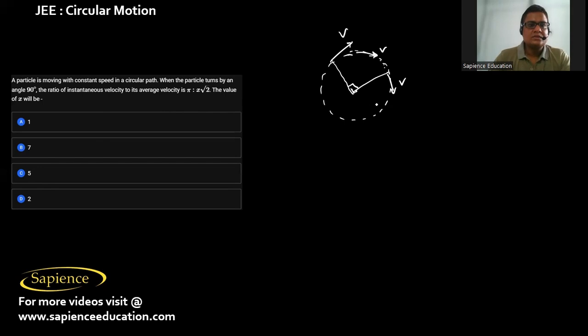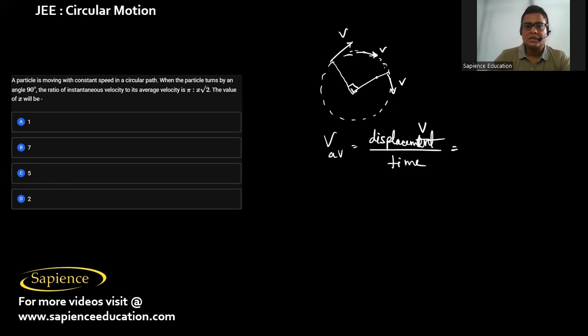So now here the instantaneous velocity will be v only, which is the constant speed, and average velocity will be equal to the total displacement divided by time.